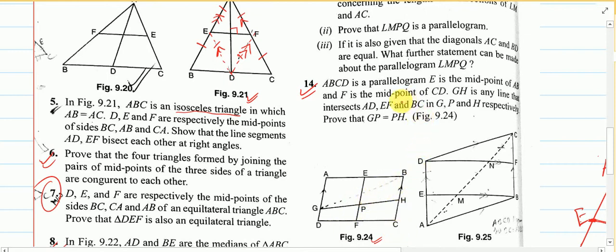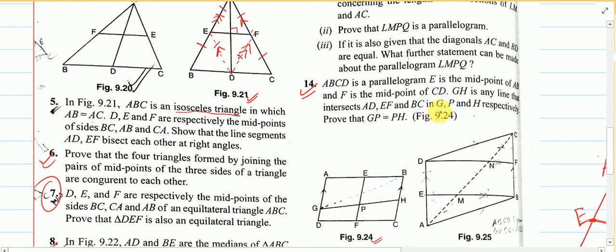Now next it's saying that E is the midpoint of AB and F is the midpoint of CD. So in that case, since E is the midpoint of AB, AE will be equal to EB, and F is the midpoint of DC, so DF is equal to FC.